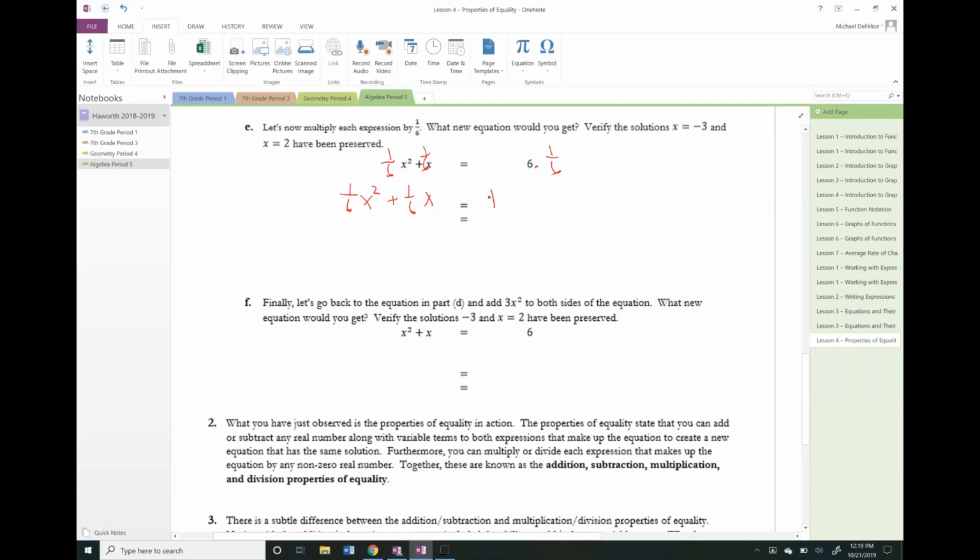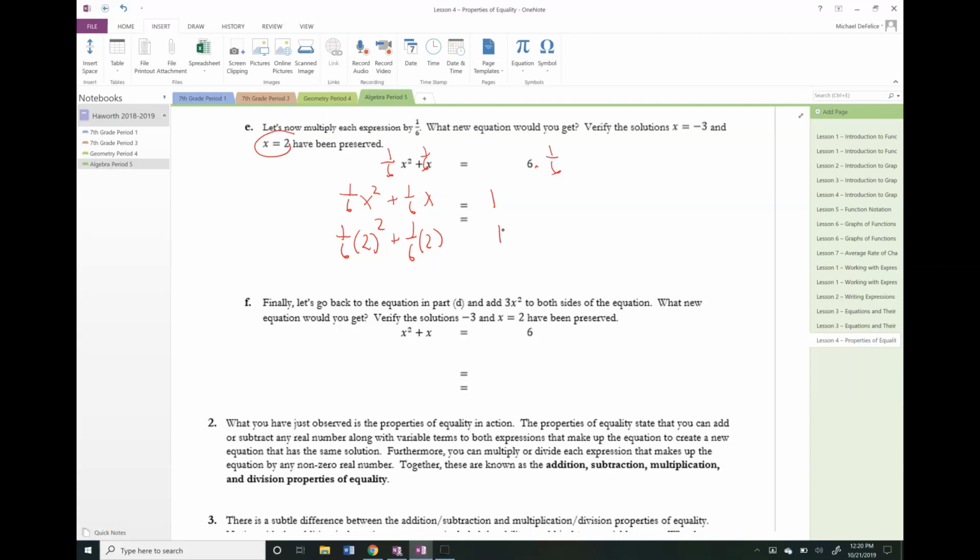Will this equation have the same answers as negative 3 and 2? Let's check it for 2. 1/6 times 2 squared plus 1/6 times 2. Will that equal 1? Okay, order of operations says to do the exponents first.